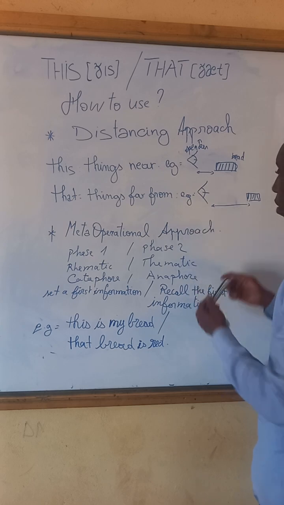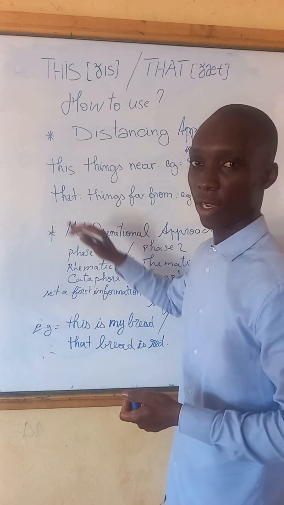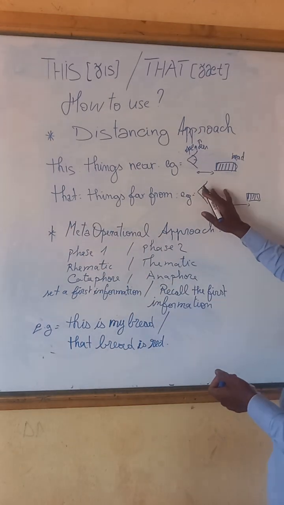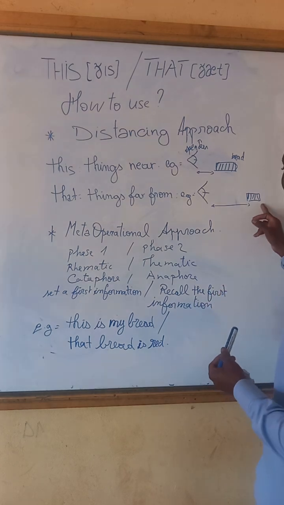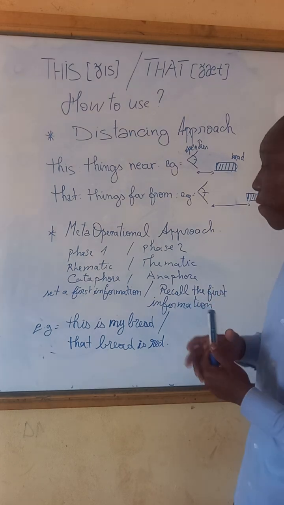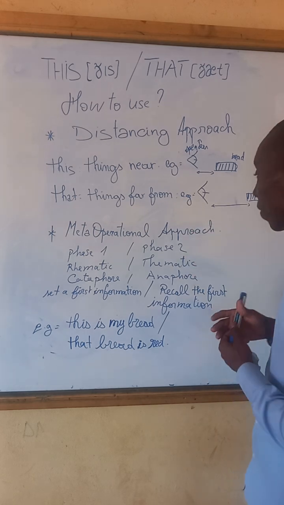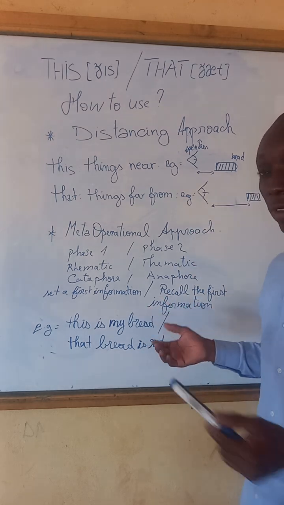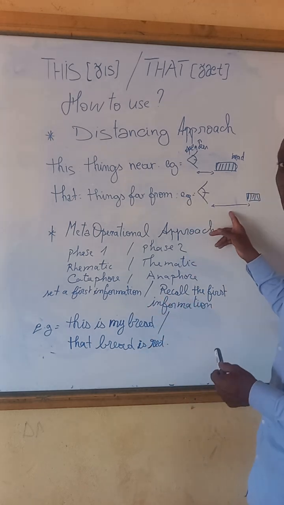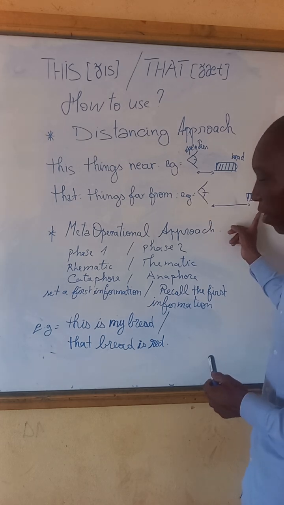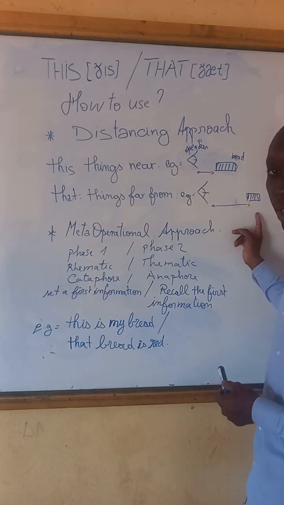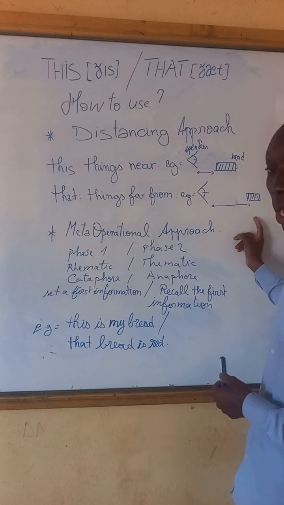So we simply use that because the speaker sees or observes that the bread here is far from him or for her. So it's natural that he uses that. That is my bread. That is the bread of Catherine.